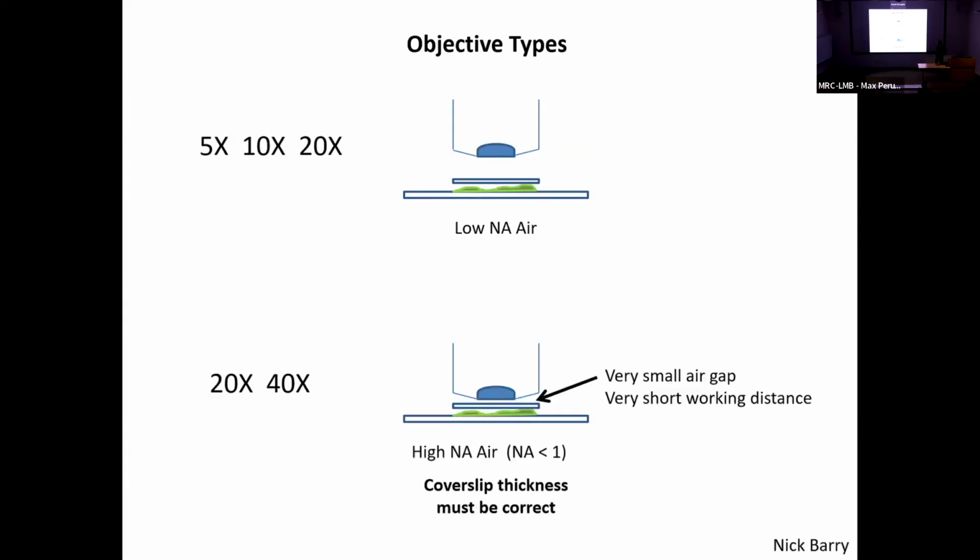Within the air lenses, there are basically low NA ones and high NA ones. The low NA ones are very, very tolerant to how you present the specimen. Once you get to high NA, you've got to be much more careful about how you prepare your sample. So 20x, 0.75 or 0.8 NA, 40x, 0.95.